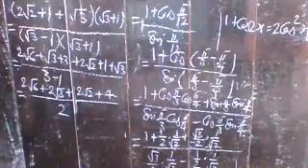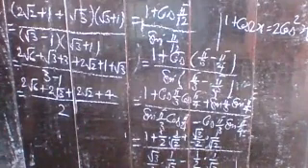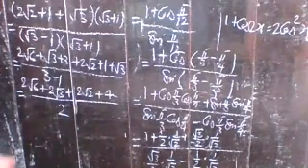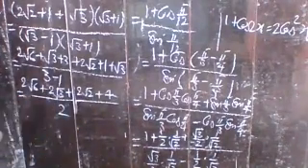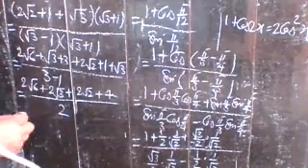Now taking 2 common. Here you require root 4, but here you have root 4, root 4 means 2. Yes, correct. So here you take 2 common. If you take 2 common, this 2 cancels out.